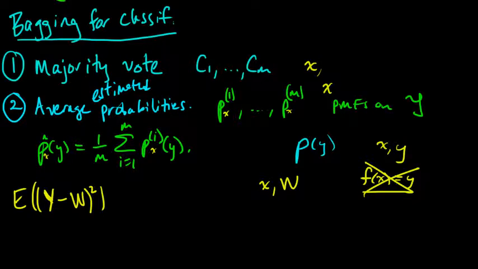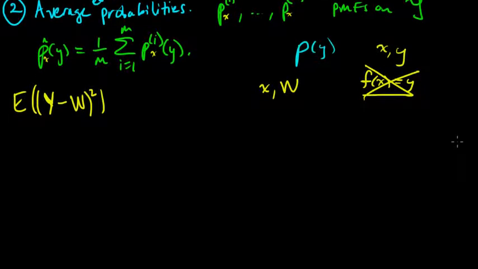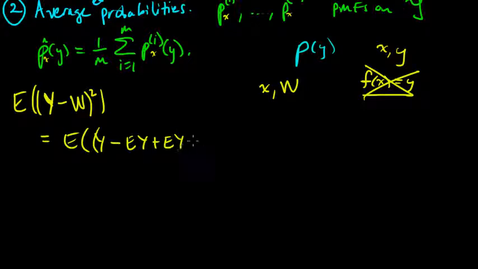And now let's see what we can say. So this we can write as, so we can add and subtract the expected value of y. And if we group the first part and the second part, and we multiply this out, what do we get?